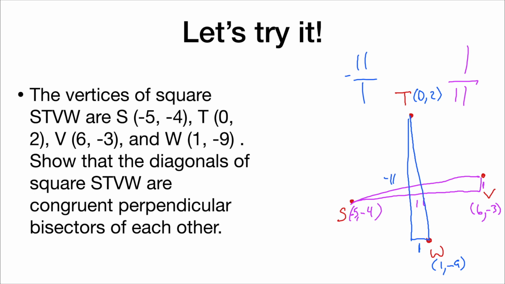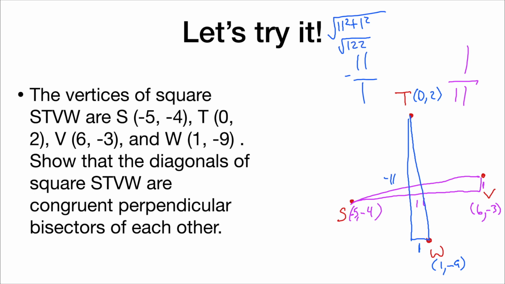We need the distance. Now I will point out that our change in X and change in Y are already there, which means we can actually say that this one would be the square root of 11 squared plus 1 squared, or the square root of 122.